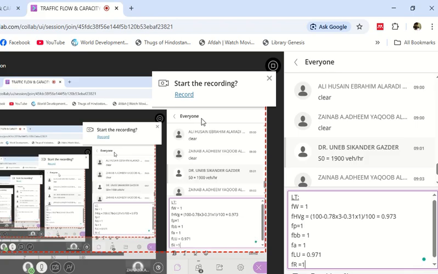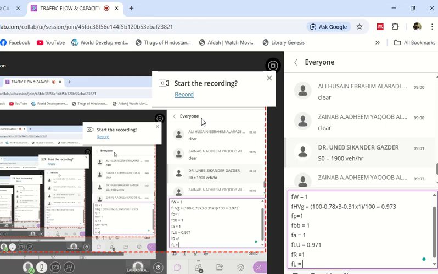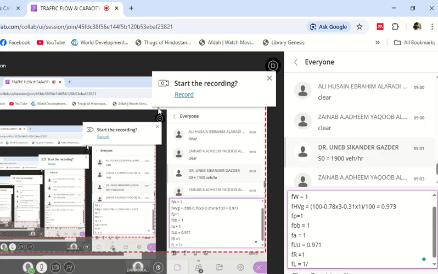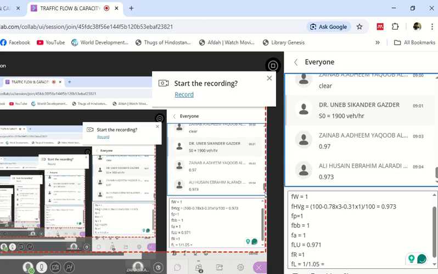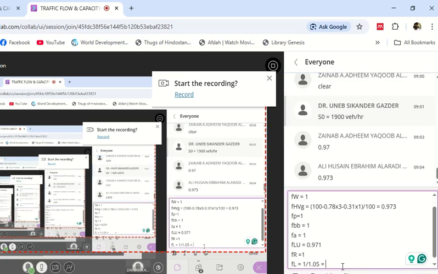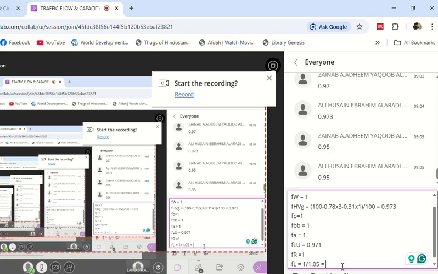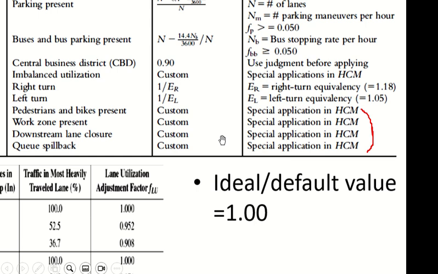Okay, so FR will be 1, FL will be 1 upon EL, where EL is 1.05. How much is this? Okay, 0.95.